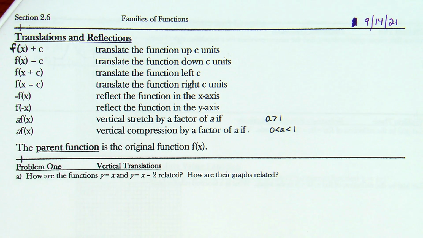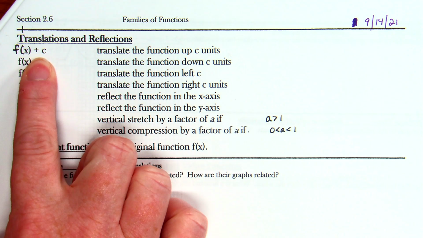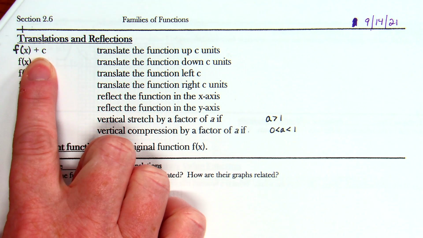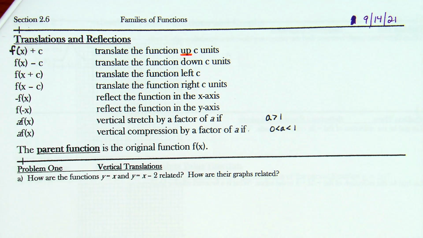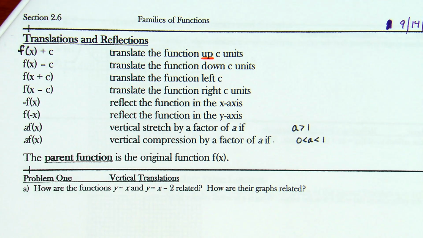So when you see a function and there is a number added at the end, when it says C, just think of C as some random number. When a number is added at the end, that number is going to tell my graph how many units up to go. So if there's a number added at the end, that's going to tell my graph how far to translate up, how far to shift up.